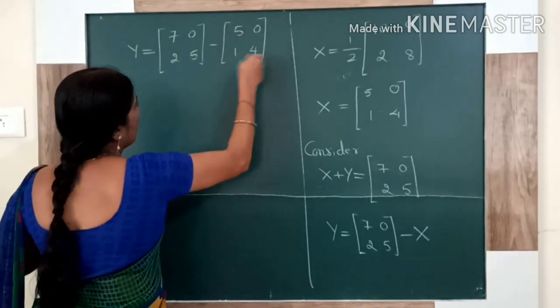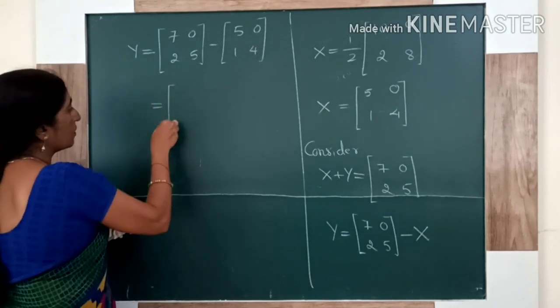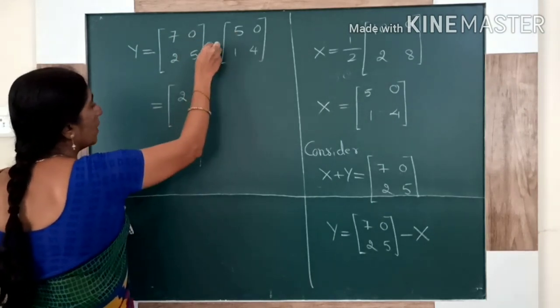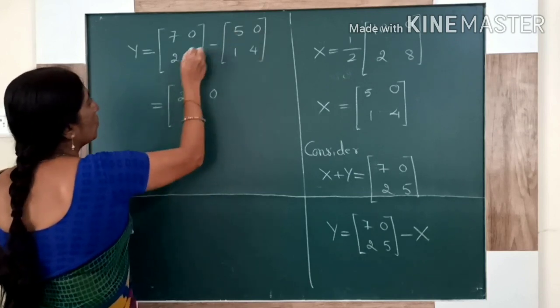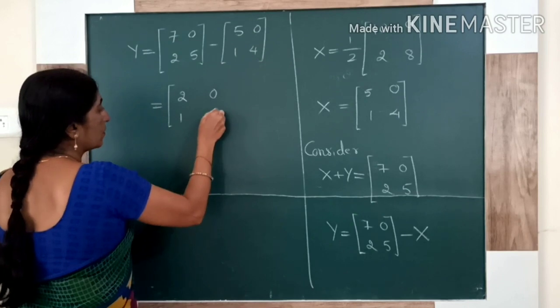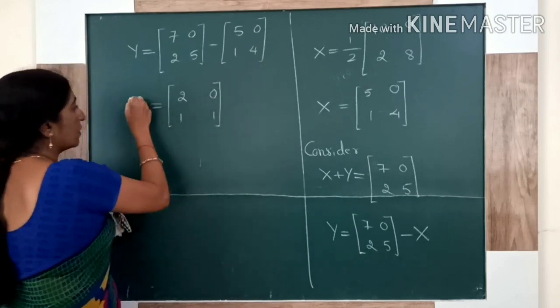Then go for corresponding subtraction. 7 minus 5, 2. 0 minus 0. 2 minus 1. 5 minus 4. This is 1. So this is y.